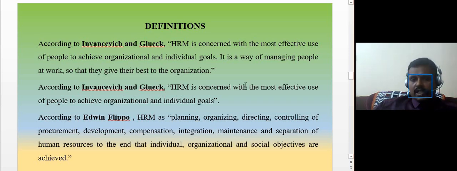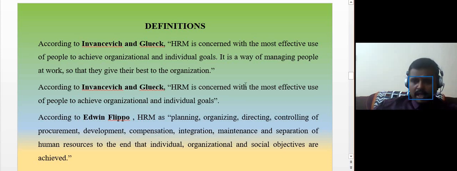So Edwin Flippo defined human resource management through the functions of management: planning, organizing, staffing, directing, controlling of all the human resource management activities.